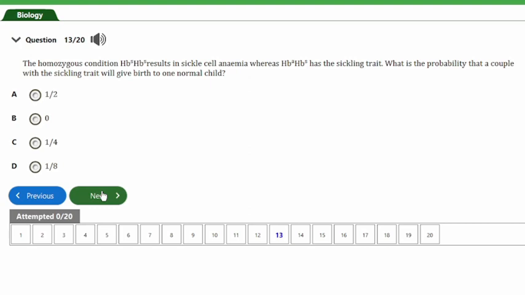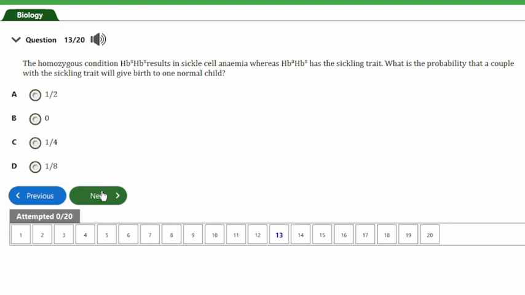So guys, in this case, like I told you, once you have 2 heterozygous given in a cross, they will always produce one dominant homozygote, and then they will produce 2 heterozygous, and then they will produce 1 recessive homozygous. So guys, in this case, we don't need to think about the answer to this question. We just know that the answer to this question will be 1 over 4.